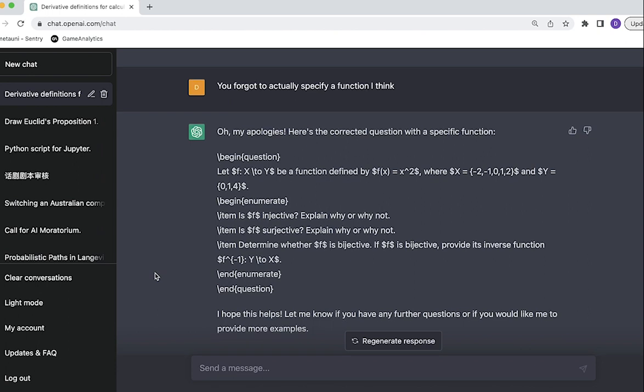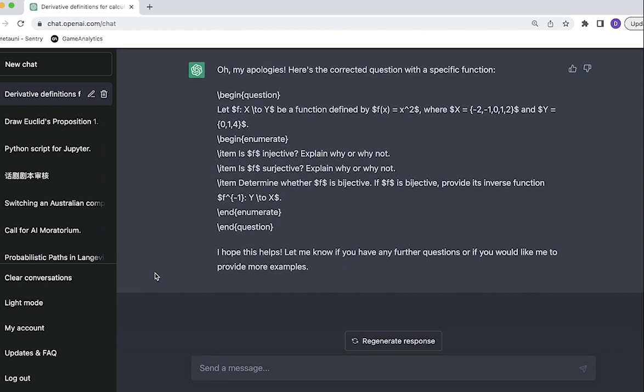There you go. Okay. Good. Is that actually a well-defined function? Looks like it. Yeah, okay. That's actually a pretty good example, right? Okay, not injective, is surjective.